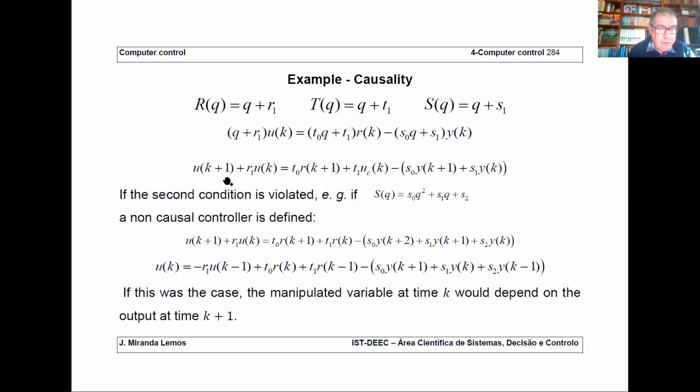So if you delay everything, u of k will depend on R of k, the reference, u of k minus 1, and y of k minus 1. Now, suppose that S is a second order polynomial. So R is first order, but S is second order.